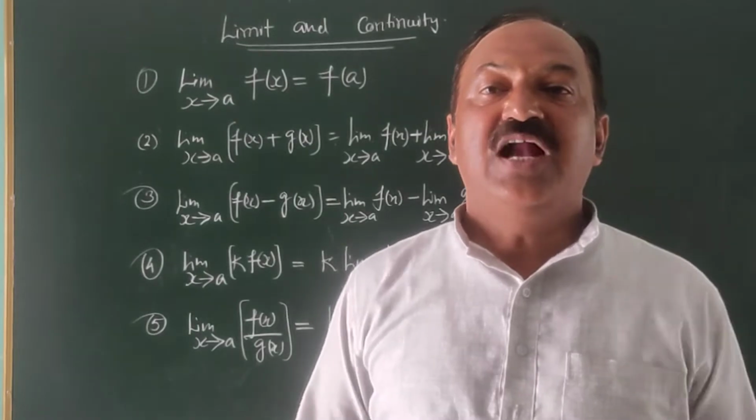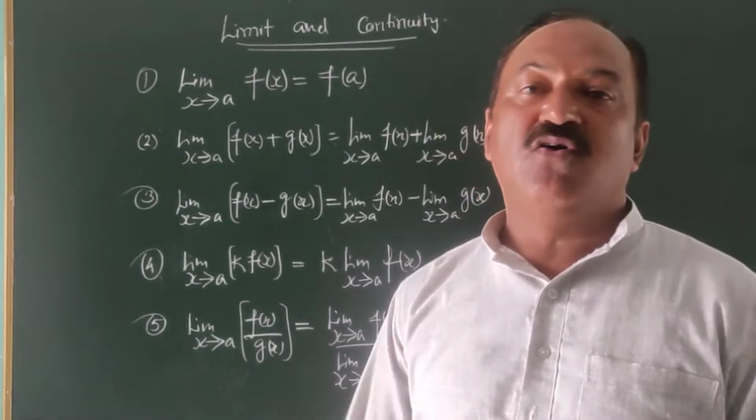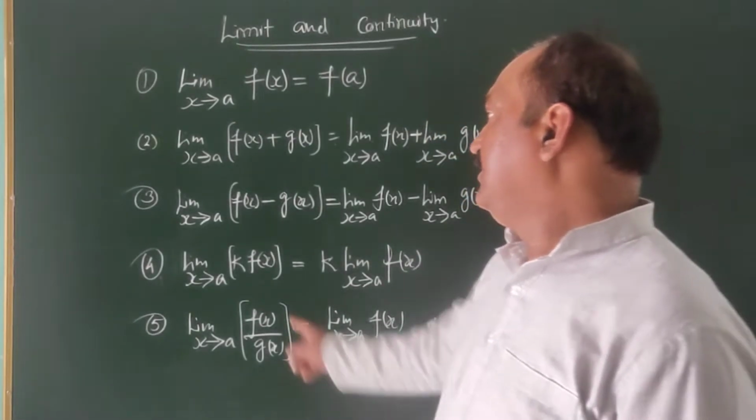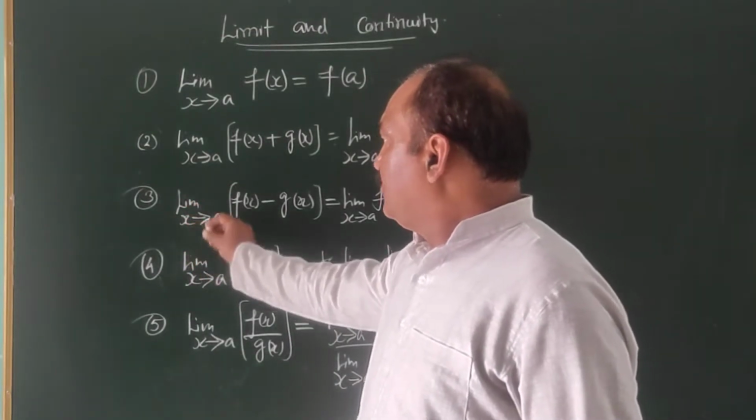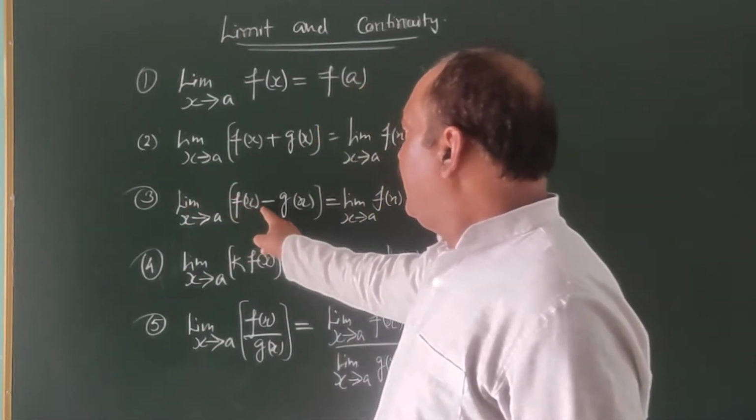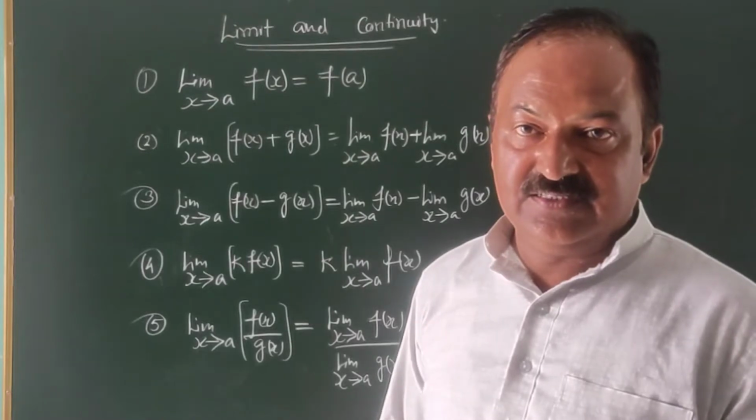Similarly, the third formula of the algebra of limit is limit of x approaches to a f of x minus g of x.